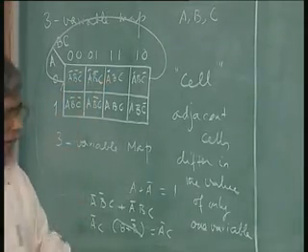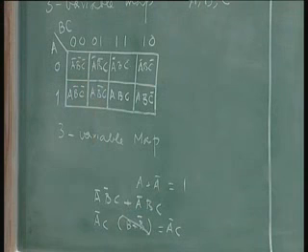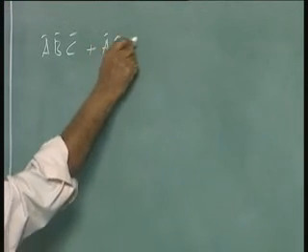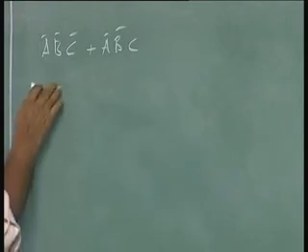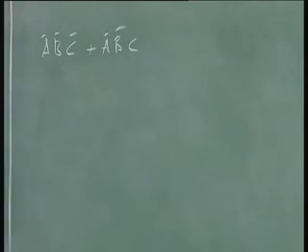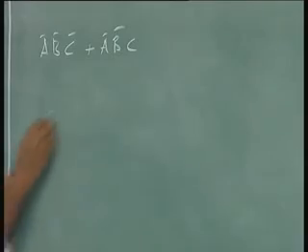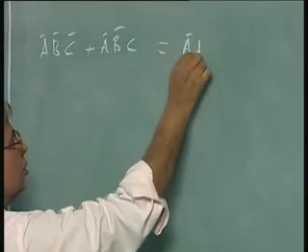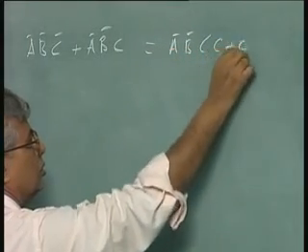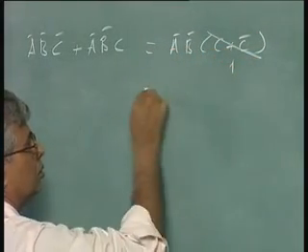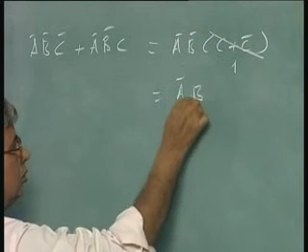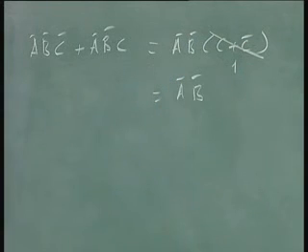For example, yesterday we said if we had A bar, B bar, C bar and A bar, B bar, C, both of them are 1 in my truth table, I would have written it as A bar, B bar. So that is what we are going to use in a graphical method.